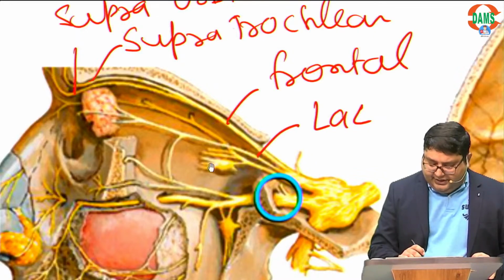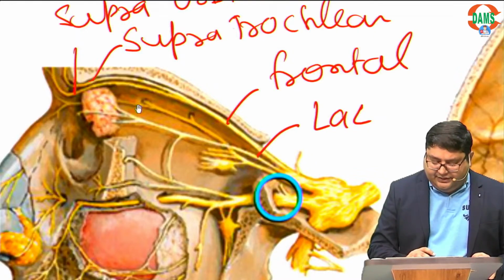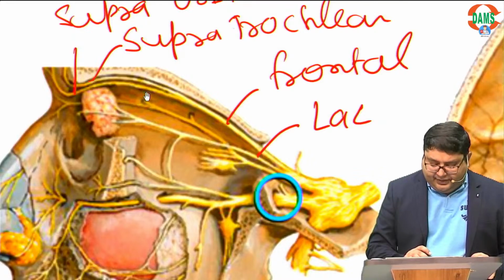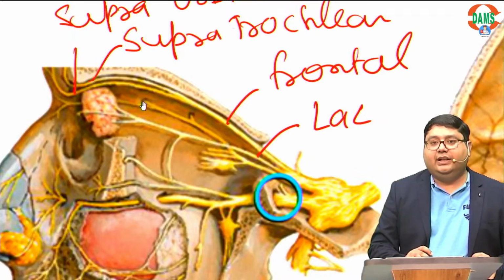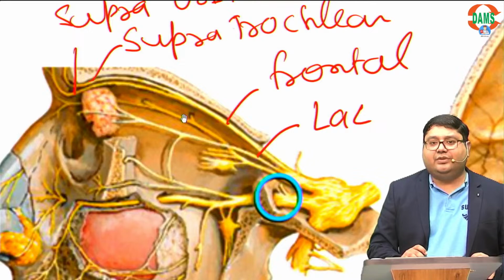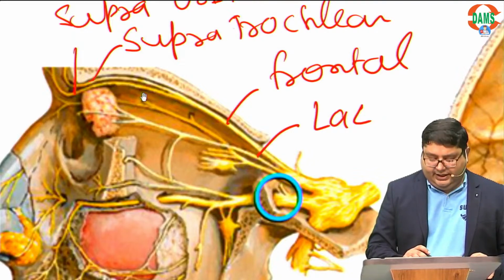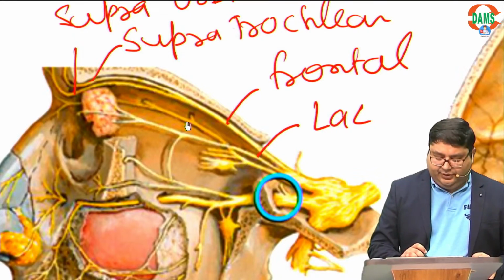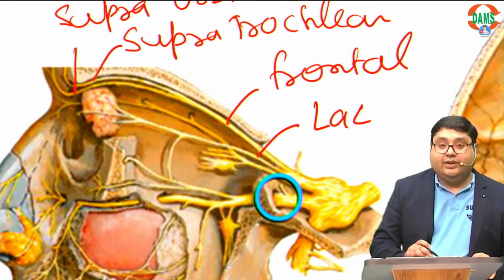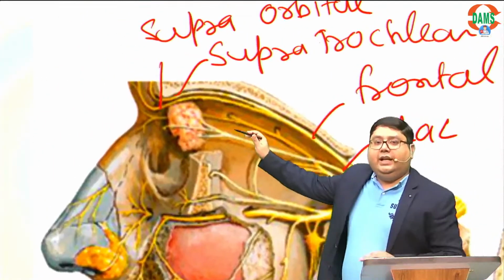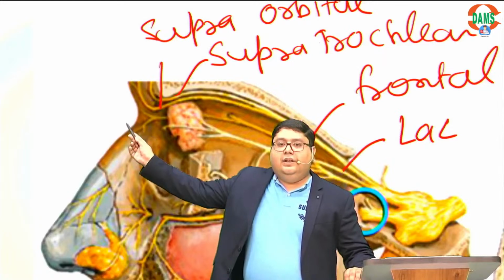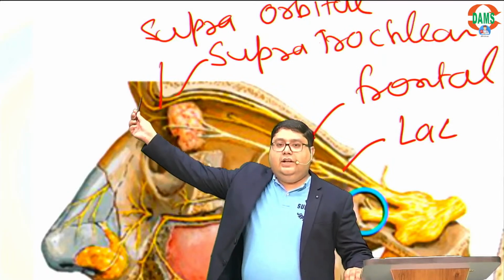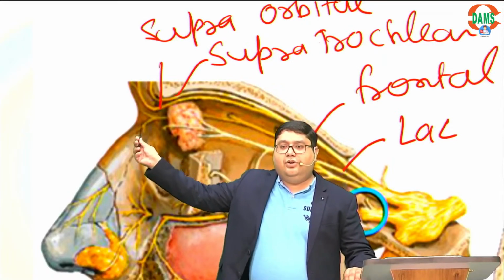So here you can say this is the ciliary ganglion, and what are these nerves? This will be anterior ethmoidal nerve. This will be posterior ethmoidal nerve. Okay, anterior ethmoidal nerve, posterior ethmoidal nerve, and one nerve which is going behind the gland. If you can see this one, if above is the supratrochlear, then this will be infratrochlear nerve, right?